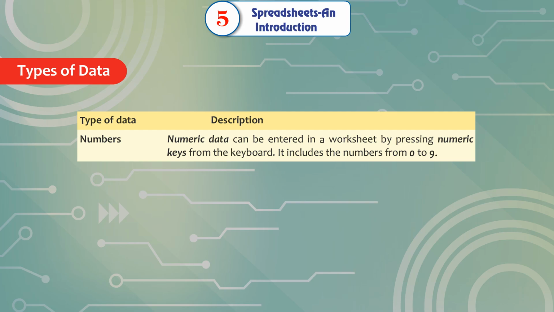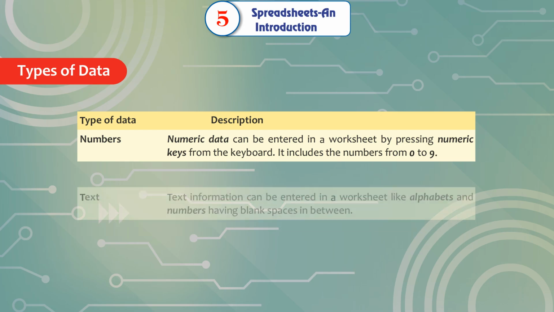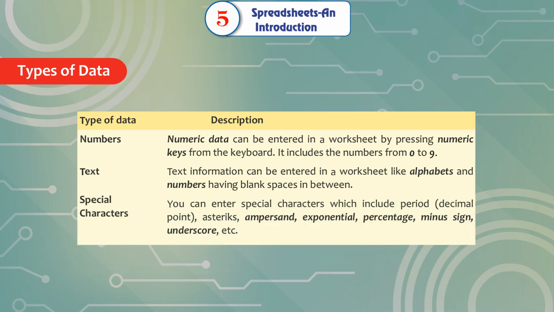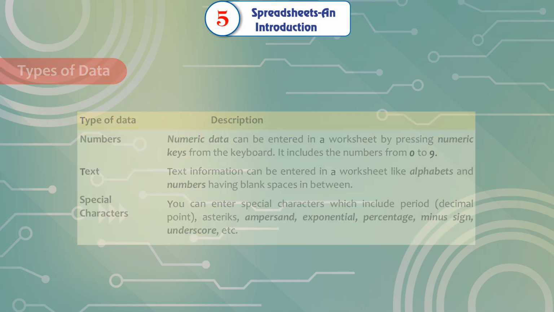It includes the numbers from 0 to 9. Text: text information can be entered in a worksheet like alphabets and numbers having blank spaces in between. Special characters: you can enter special characters which include period, decimal point, asterisk, ampersand, exponential, percentage, minus sign, underscore, etc.